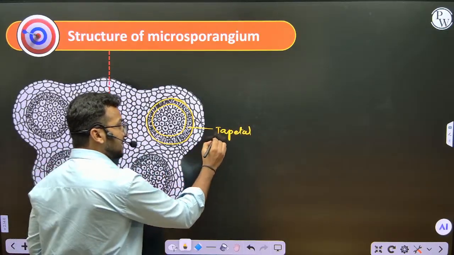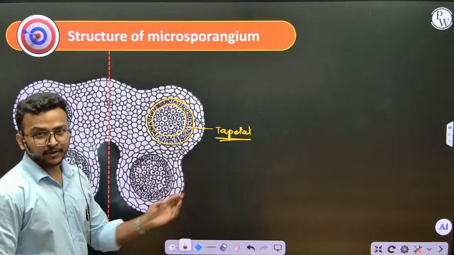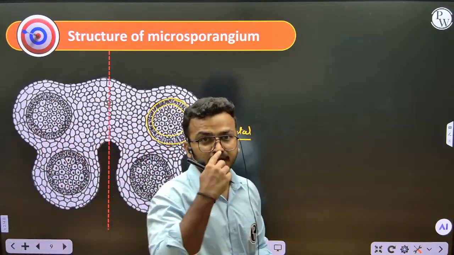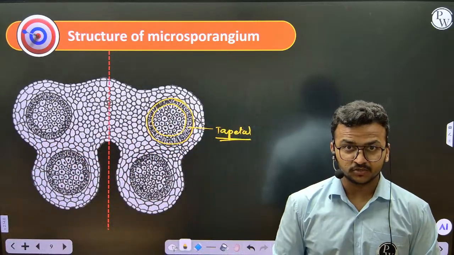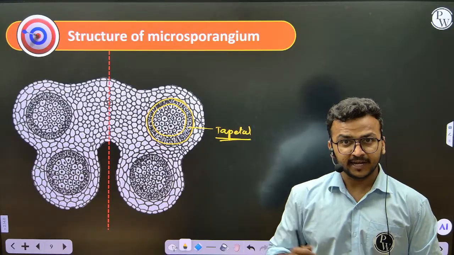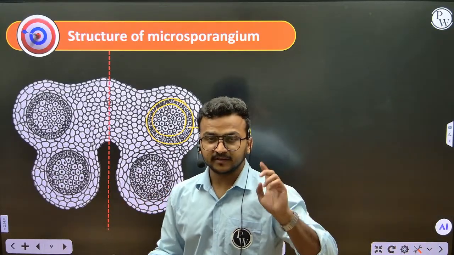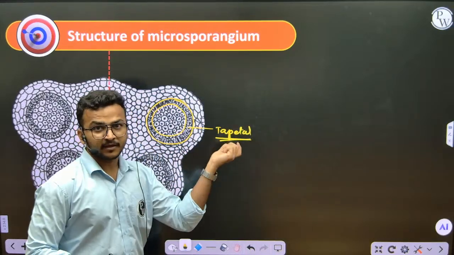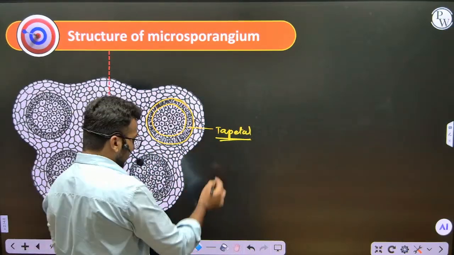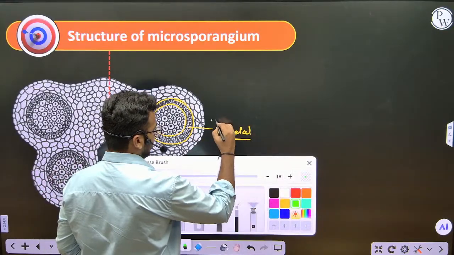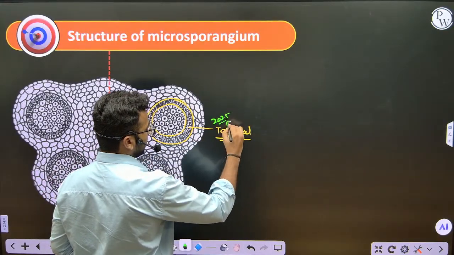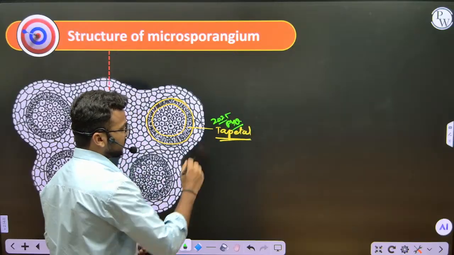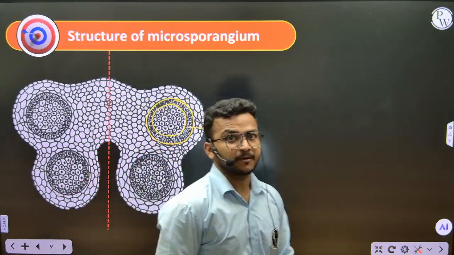The special thing about these tapetums, even last year I displayed the last year question in the last session. At the end of the session, we discussed the PYQ, the previous year question, on this tapetum topic. So they asked on this in the 2025 PYQ: the function of tapetum and the features of tapetum cells.